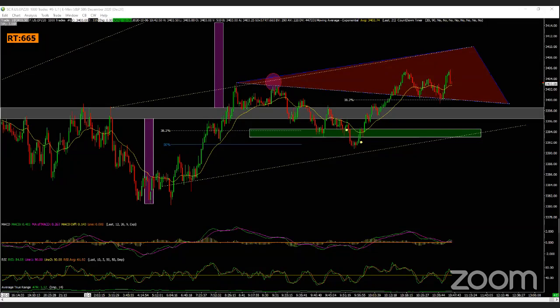Right here we had an open loop, and then we closed it right here. Yeah, so that's not bad, right? 3 points for this morning. 15 minutes left to our trading session.